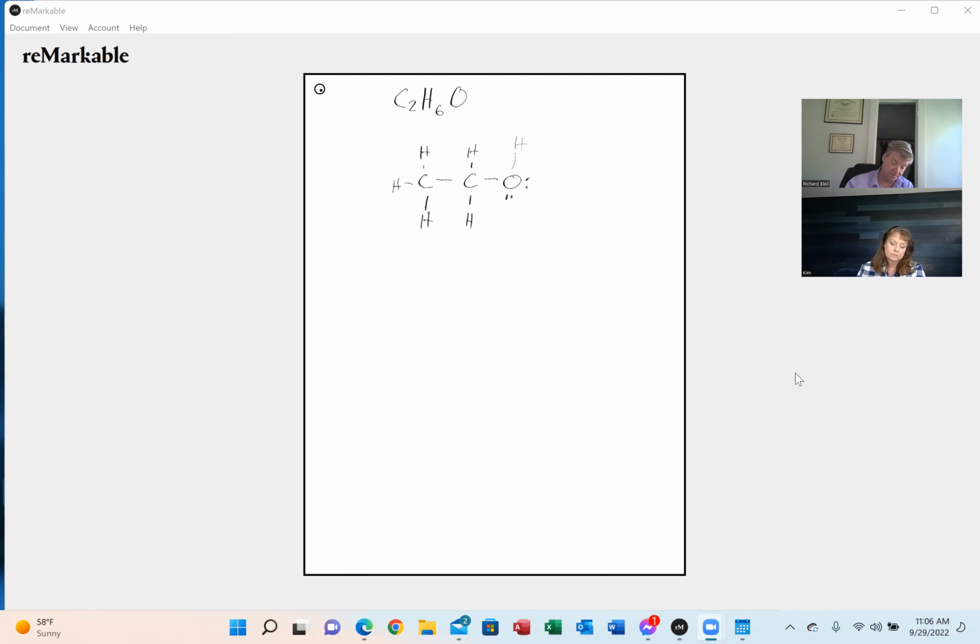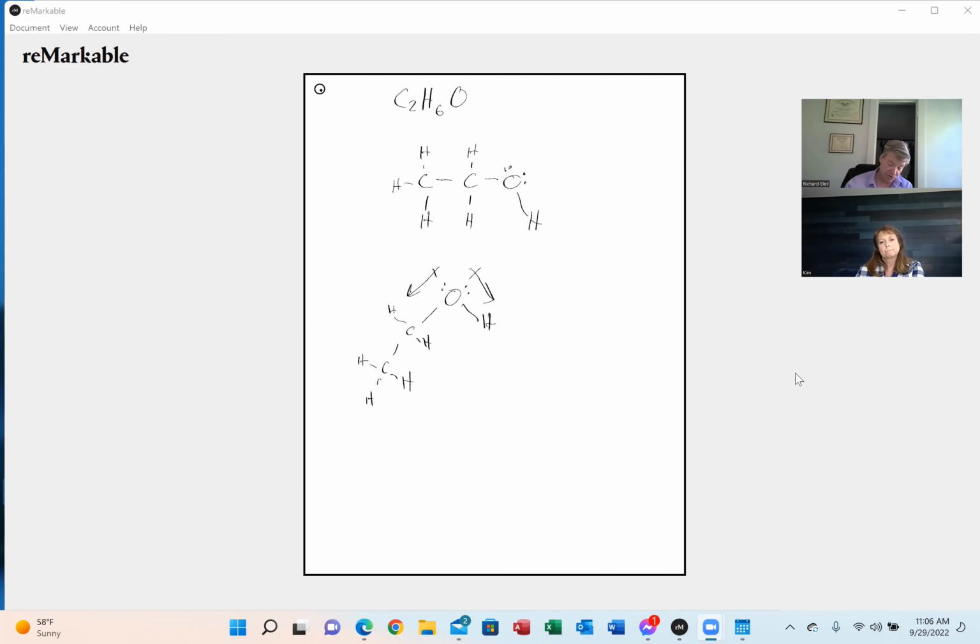I'm going to reverse this. Actually, let me do this. So if we count the oxygen as a central element, there's actually a shorthand notation I could be using here. It's a bent molecule. And as it turns out, the carbon-oxygen bond is polar.